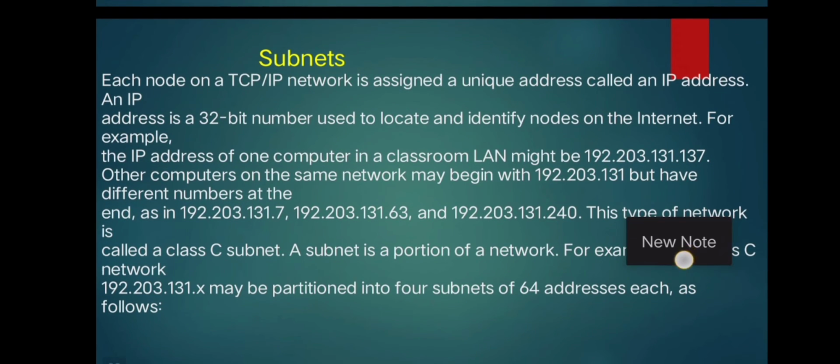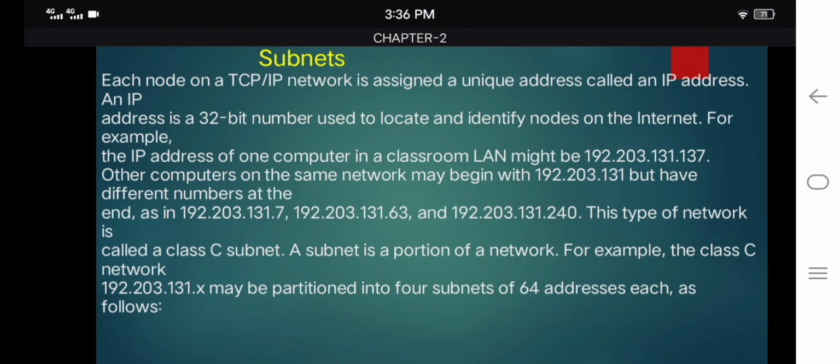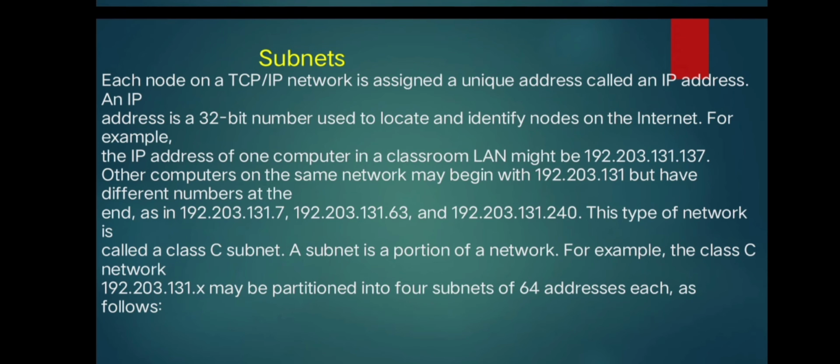Next is subnets. Each node on a TCP/IP network is assigned a unique address called an IP address. An IP address is a 32-bit number used to locate and identify nodes on the internet. For example, the IP address of one computer in a classroom LAN might be 192.203.131.137.